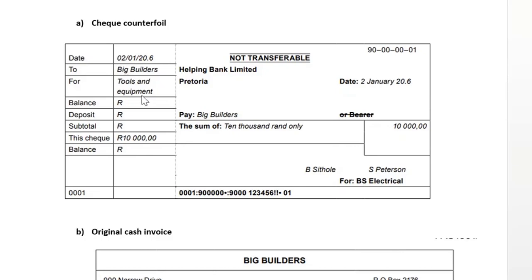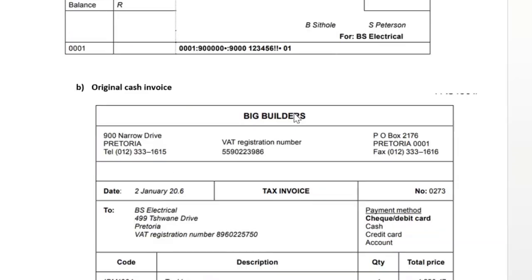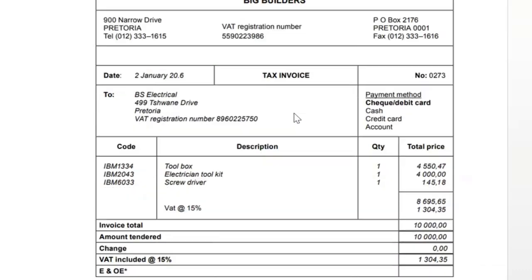This is the date, and this went to Big Builders from BS Electrical. How much? 10,000. The next, the original cash invoice, is the tax invoice that will prove that the toolbox was bought. This is the tax invoice from Big Builders.